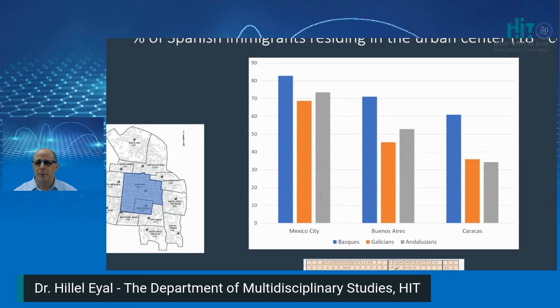We have much more migrants in the periphery of the city of Caracas and of Buenos Aires, while in Mexico City they are much more concentrated in the center. Okay.